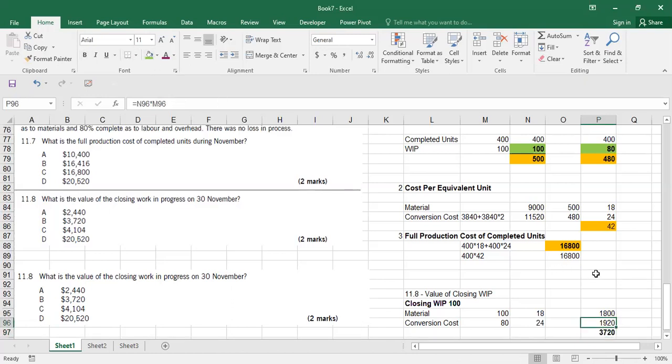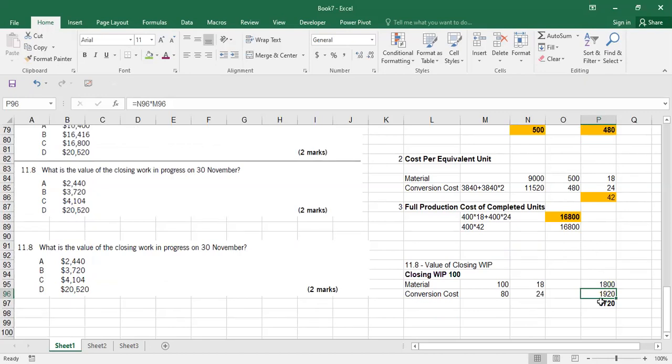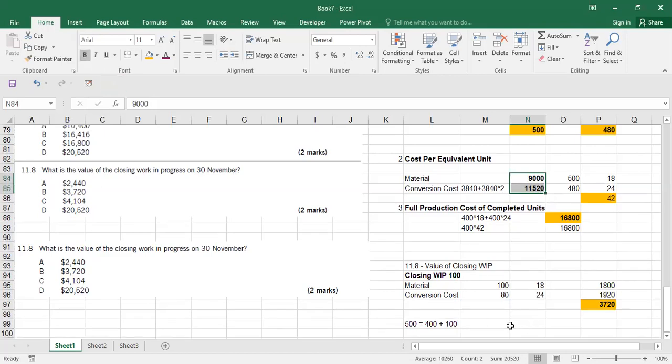Okay. Now, listen, what we learned from here. Let me conclude this question. We started 500 units. And out of 500, 400 we finished, plus 100 were still there. We know that we had a total cost. You know how much was your total cost? You spent this money, 9,000.